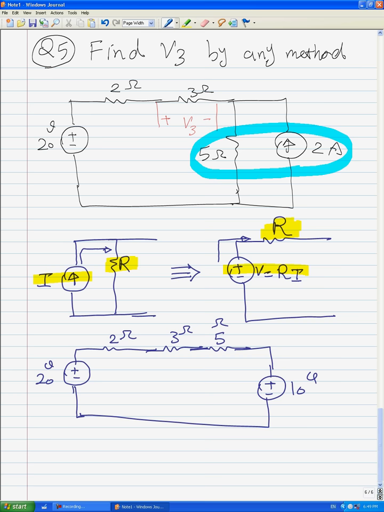Now we want to start by defining I here, and after that, by applying KVL here, we can find the current, and immediately we can find V3. How? Here we have positive, negative, positive, negative, and positive, negative for 5 ohms.